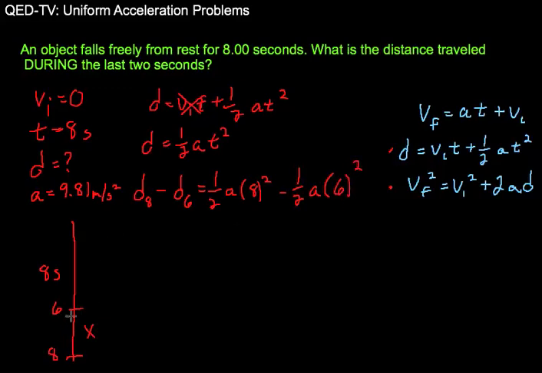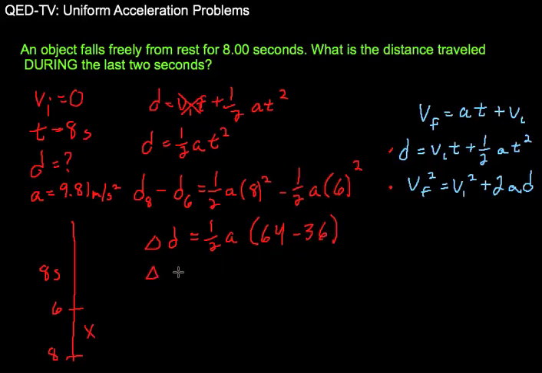And that will be my distance that it falls from 6 to 8. So this distance, which I'll call change in distance, which is what I'm trying to figure out, equals 1/2 a. I can factor that out, and I could have 64, 8 squared, minus 36, which is 6 squared.